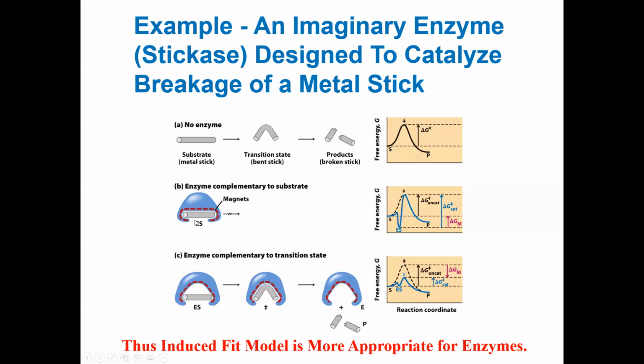In that Michaelis complex, the ES complex, you can see that there are complementary interactions. Sterically, the stick is able to bind nicely, and with red dash dots, they are showing you that they are interacting with the metal stick, maybe electronically.